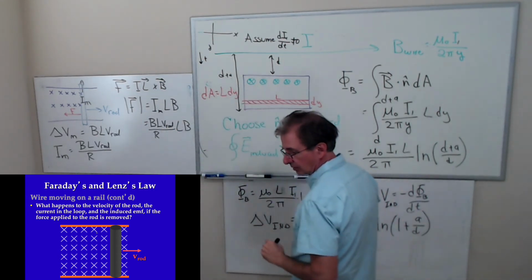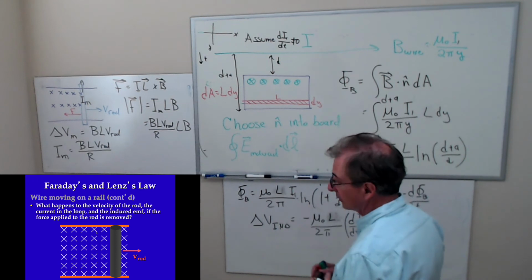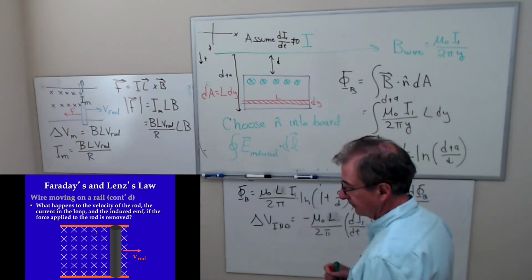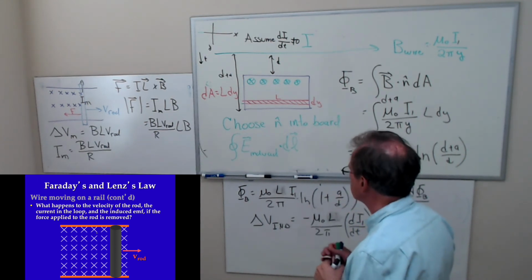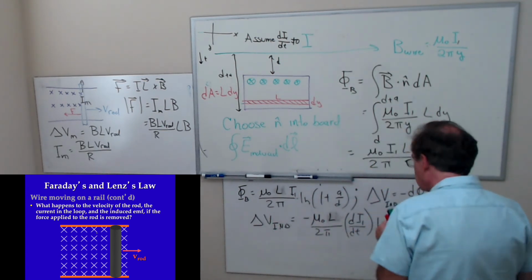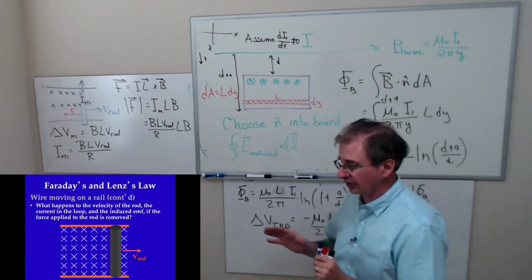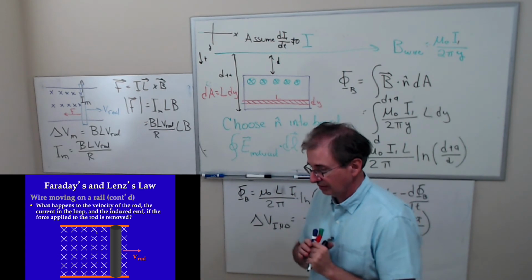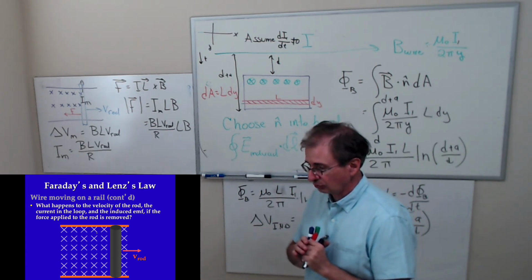Okay? So that's the force on the rod, and it's opposite the direction of motion. And so let's pretend there's no friction between the rod and the rails.